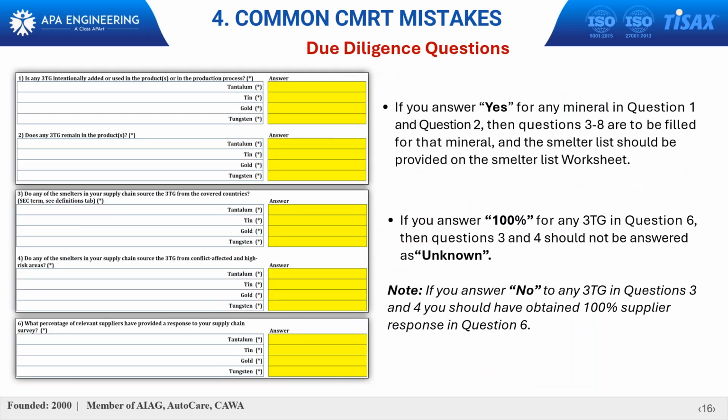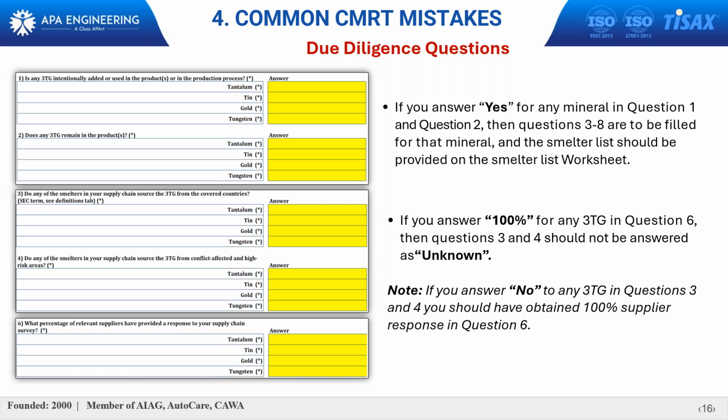And next will be about due diligence questions. This section is important, and as mentioned before, these questions are interlinked. If you answer yes for any metal in question 1 and question 2, then Q3 to Q8 are to be filled for that metal, and you must provide the list of smelters on the smelter list tab. And if you received 100% response for any 3TG in question 6, then question 3 and 4 should not be answered as unknown.